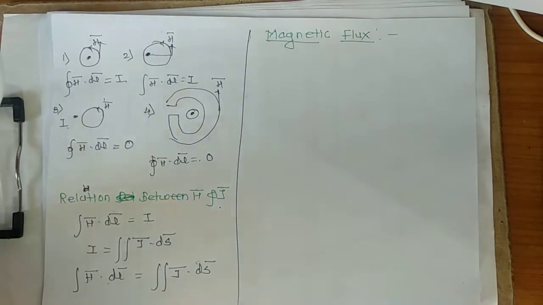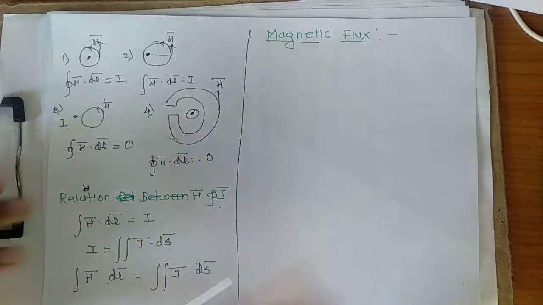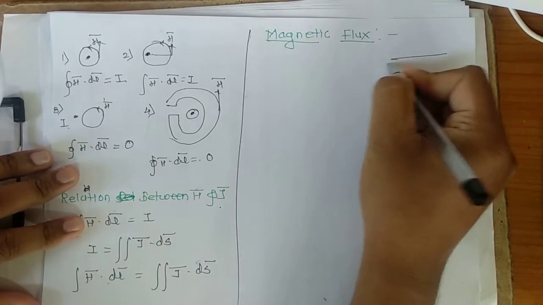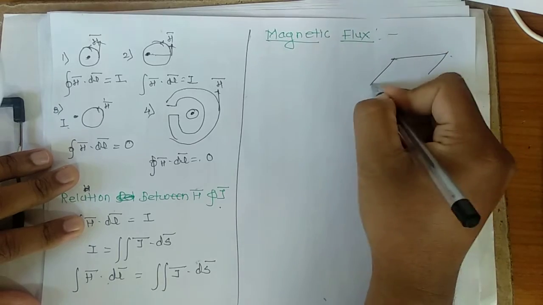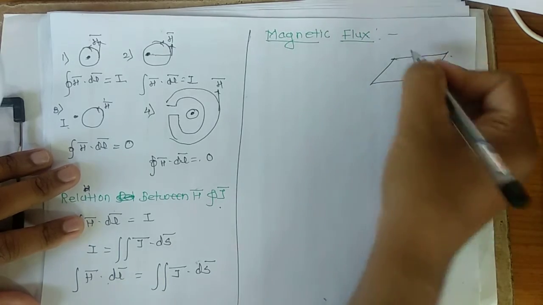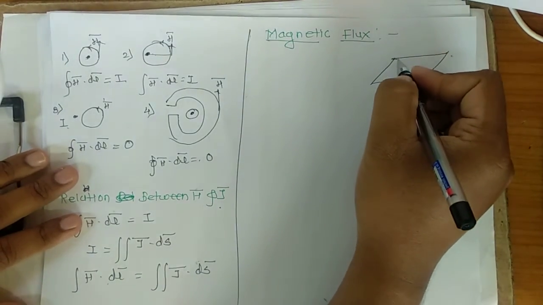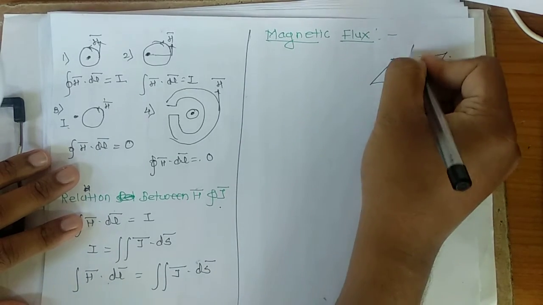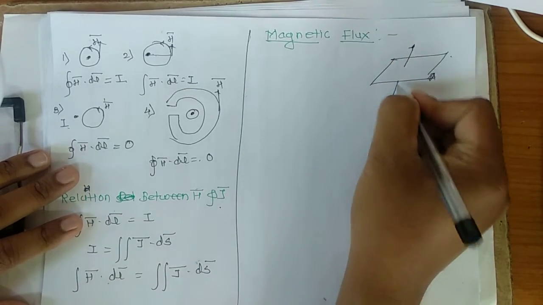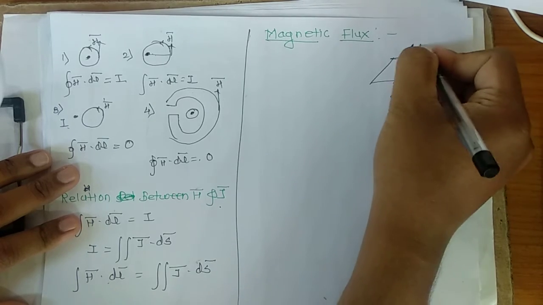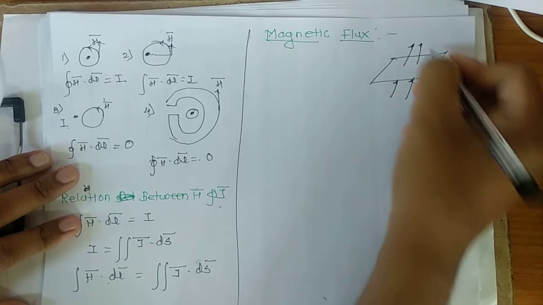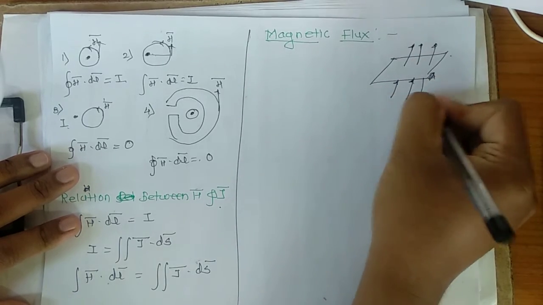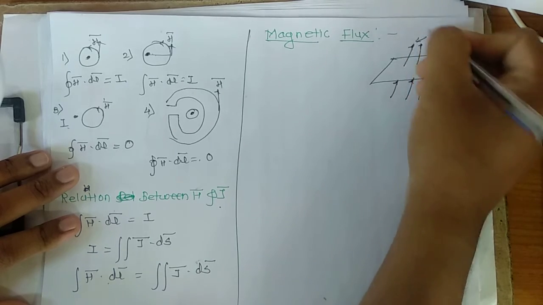When you are finding the magnetic flux, as I told you already, suppose there is a surface, or there is an area, and from that some flux lines are passing. It is called magnetic flux.